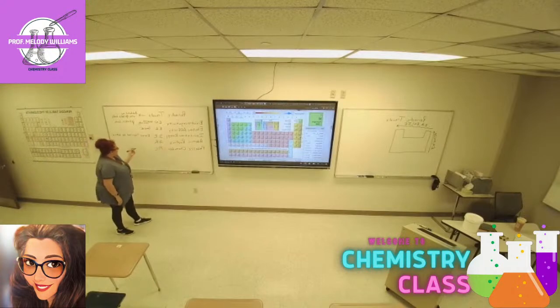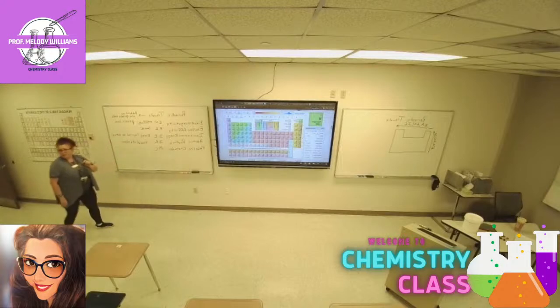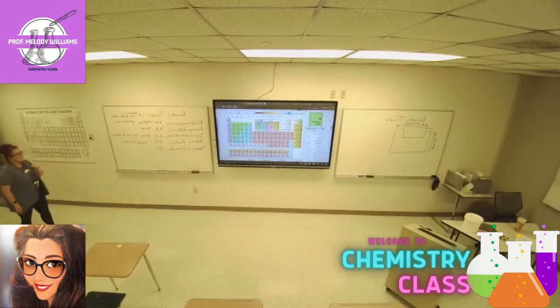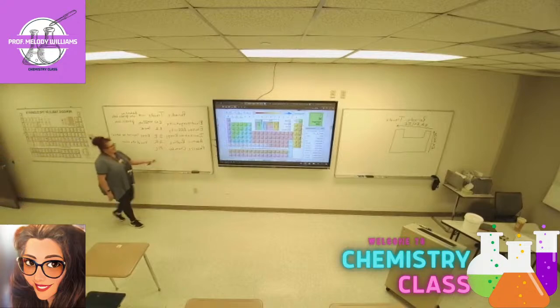So atomic radius has to do with the size of the atom. Metallic character could be like a person that goes to a metal concert. But in chemistry, it has to do with how much it acts like a metal.